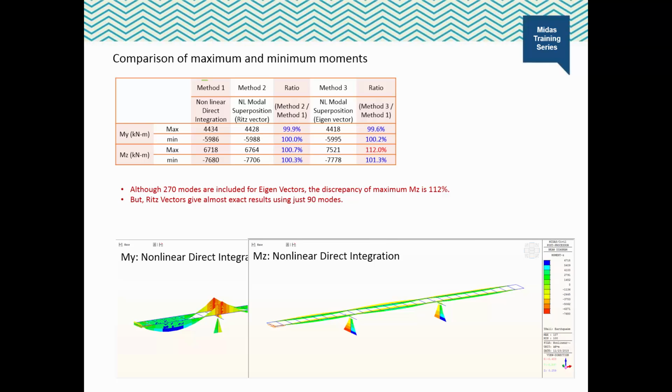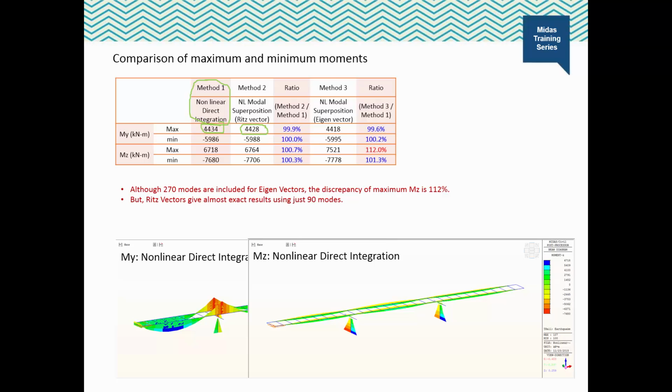The first method is the nonlinear direct integration, and we can see that the maximum positive bending moment is 4,434 kilonewton, and the bending moment that we obtained with nonlinear modal superposition for the Ritz vector is 4,428. So they are very close to each other, and the ratio for these two methods is 99.9%. So we can say that they both are yielding the same result.